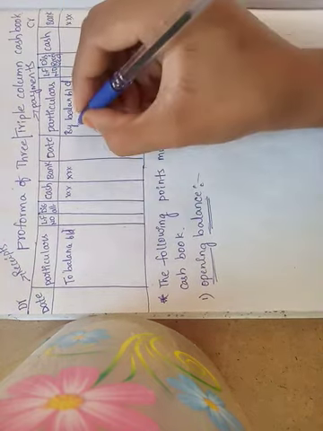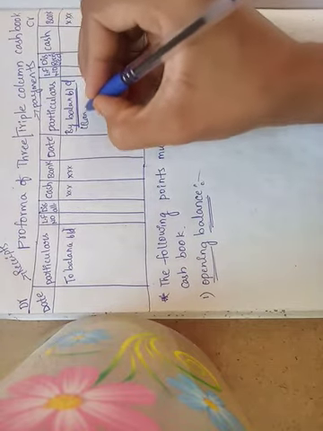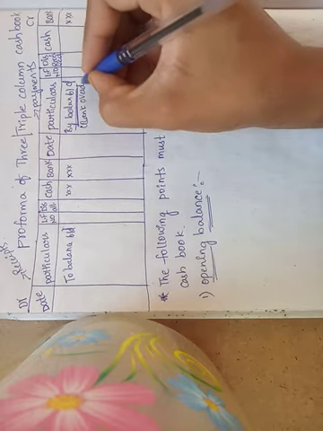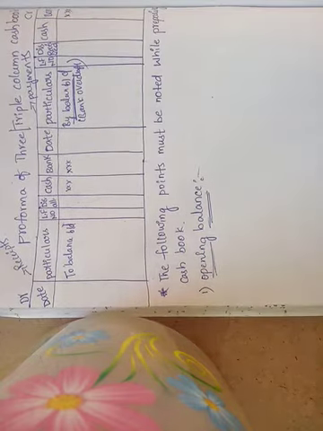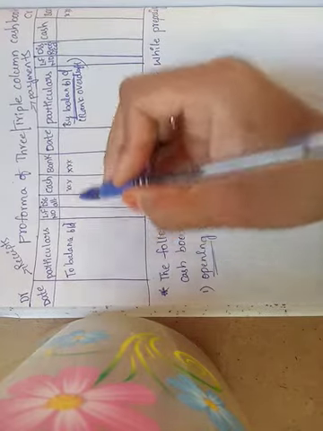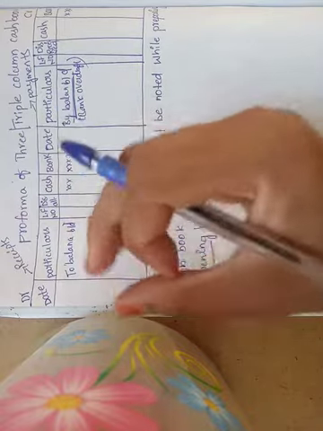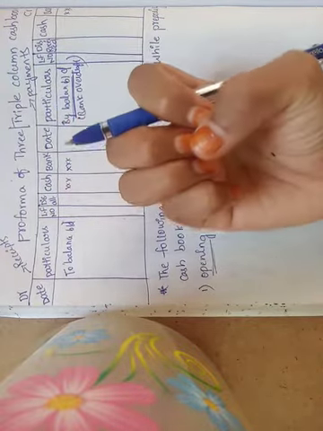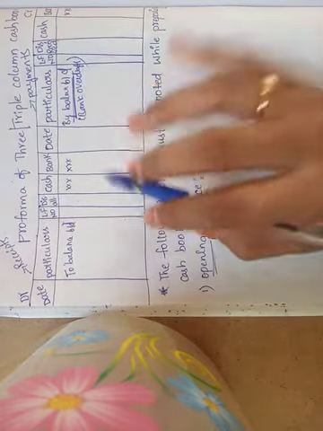Sometimes a bank overdraft will be given. Overdraft balance means we have to pay some amount to the bank. Cash in hand and cash at bank mean that at this date some amount is in our hands, and that will be recorded here. So this is the opening balance.